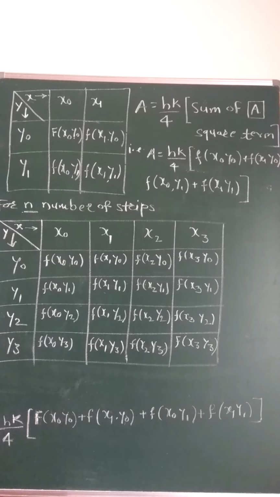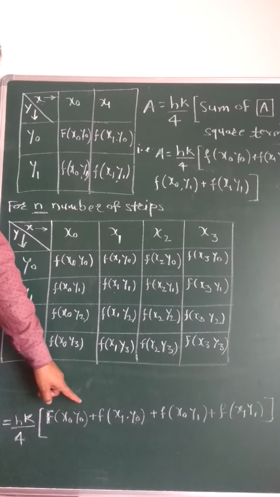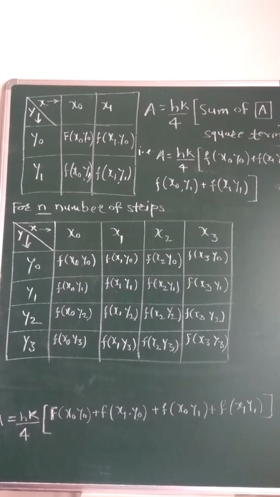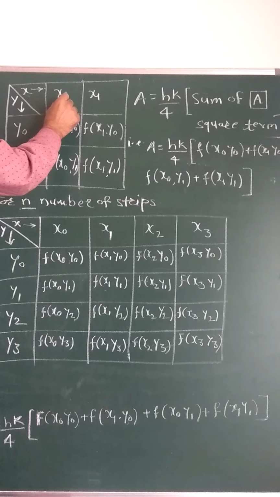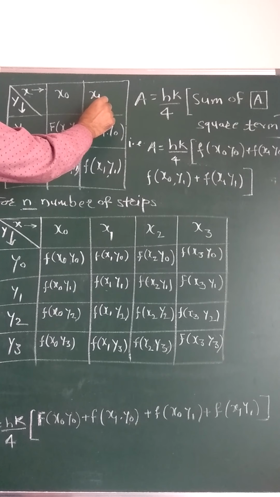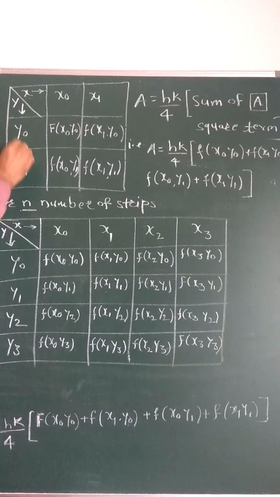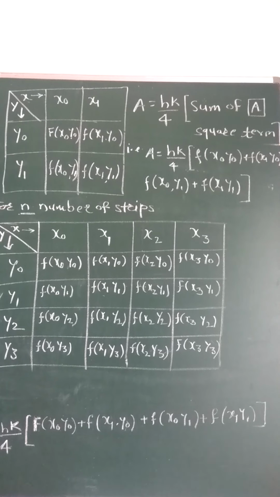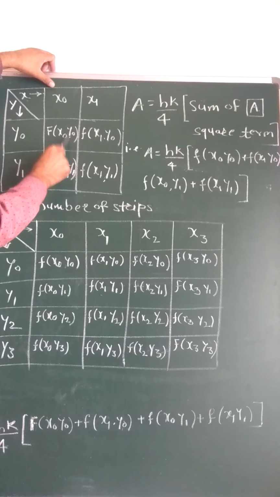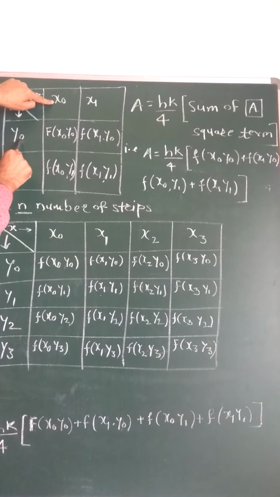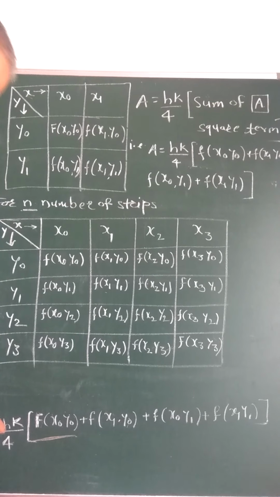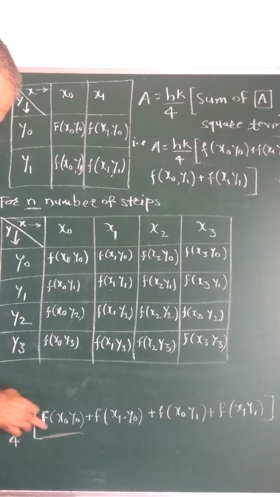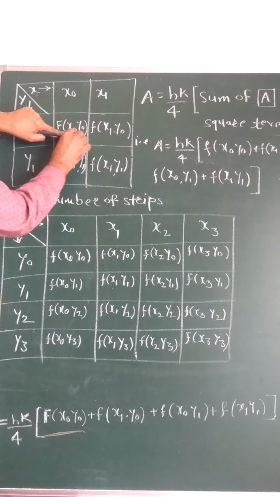Now, if we write all these values of x and y in table form as shown in the figure, see here, these are the values of x. First one is x0, second one is x1. These are the values of y, y0 and y1. Therefore, this value becomes f of x0 y0, the first value. Our formula is A is equal to hk by 4 into f of x0 y0, that is this value.